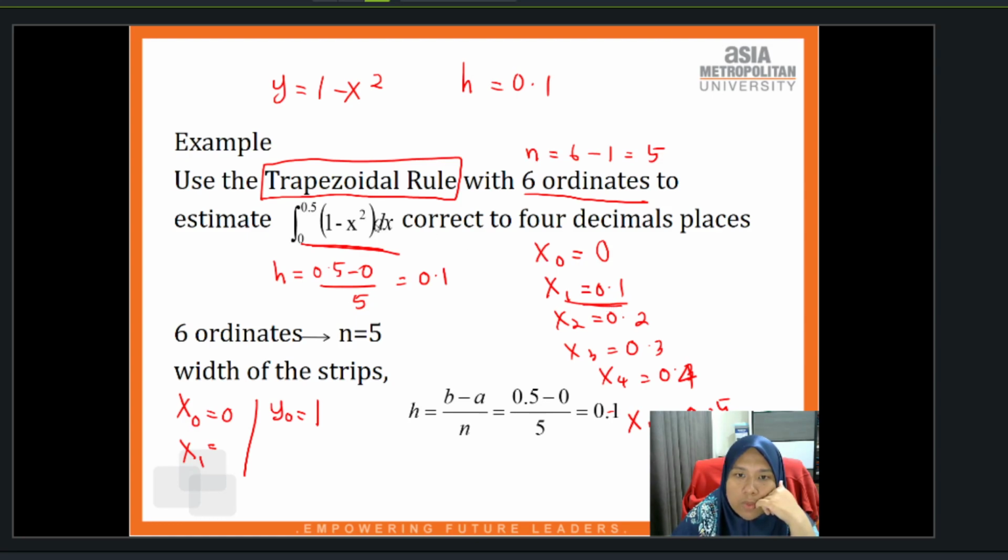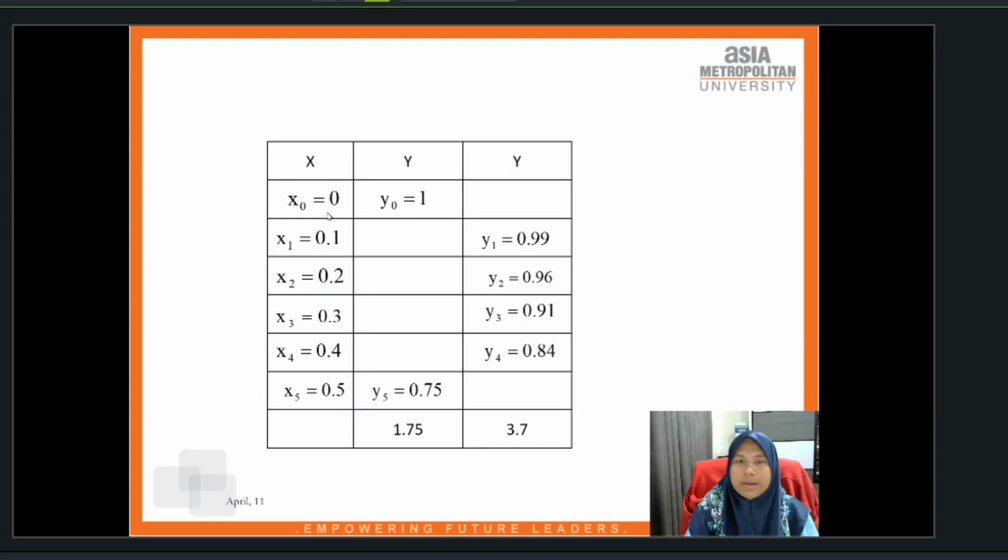We substitute 0.1 into this formula, so we have 1 minus 0.1 squared, which is 0.99. So we can write this in a table.